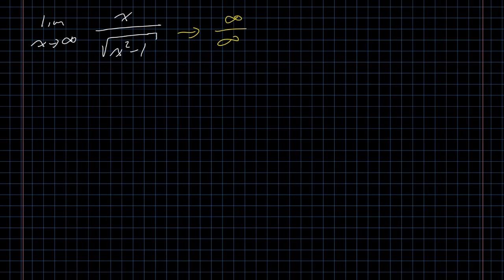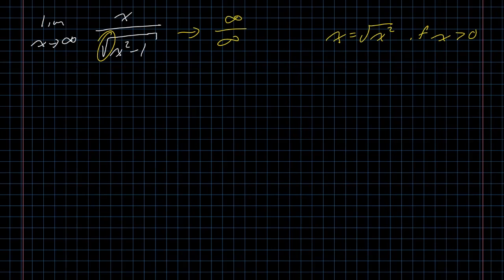But if I try to multiply or divide by the largest power, like I did for the rational function, it gets kind of messy because of the square root. I know that x is equal to the square root of x squared if x is greater than 0.